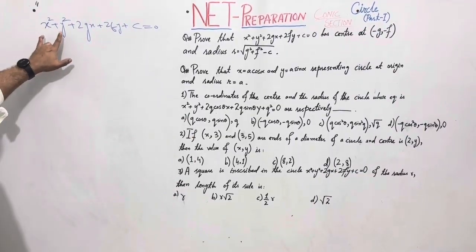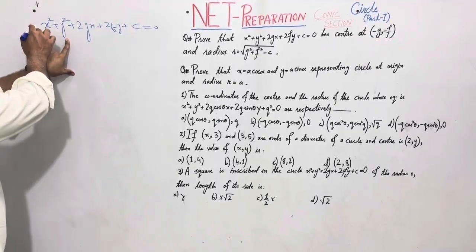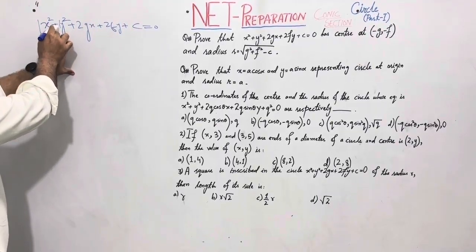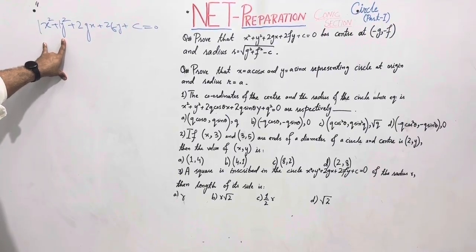Tip to inspect the equation of a circle: x square and y square both have the same coefficients along with the same sign. It is a tiny aid for you to recognize and classify the equation of a circle.